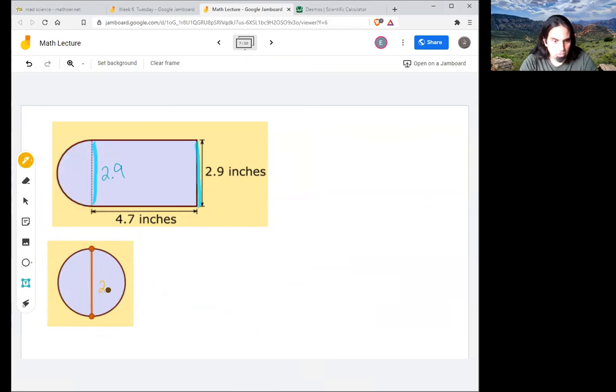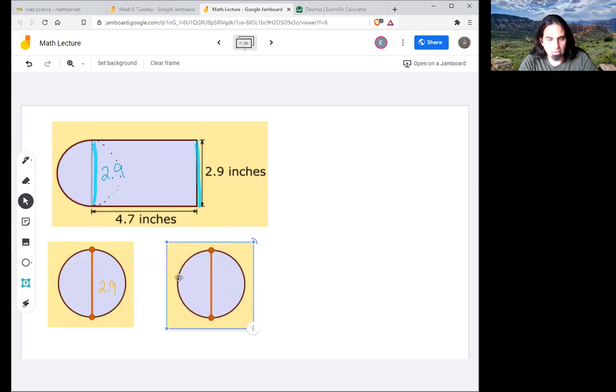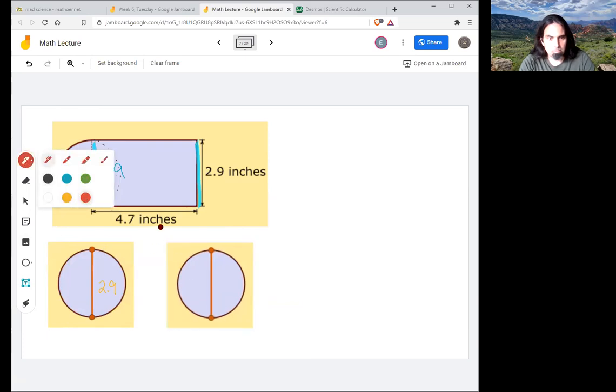So that is 2.9 for the diameter of my circle. Since I'm imagining that this circle keeps going around. And that means that if I just want the radius of the circle, it's going to be half as much.